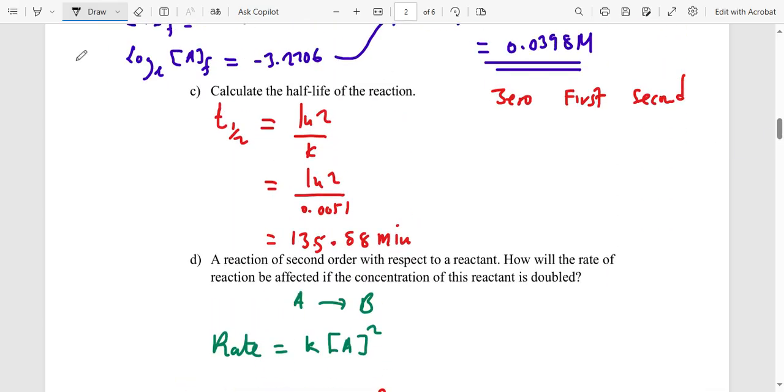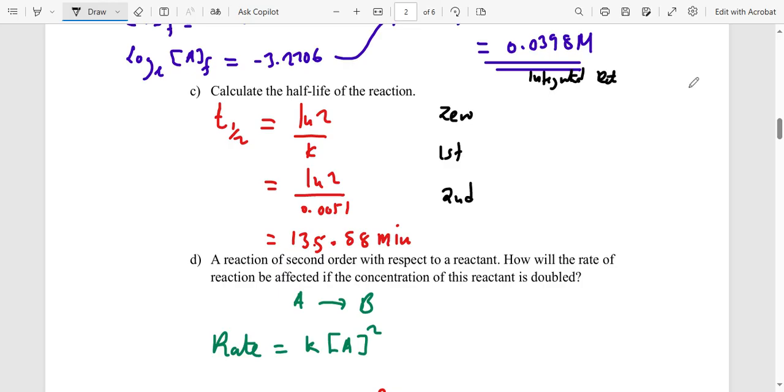Maybe let me just write them so that we get the sense out of them and then we'll be able to apply. So we are going to have zero order here, and then first order, and then second order. We are going to have their integrated rate law, and then we are also going to have the half-life.